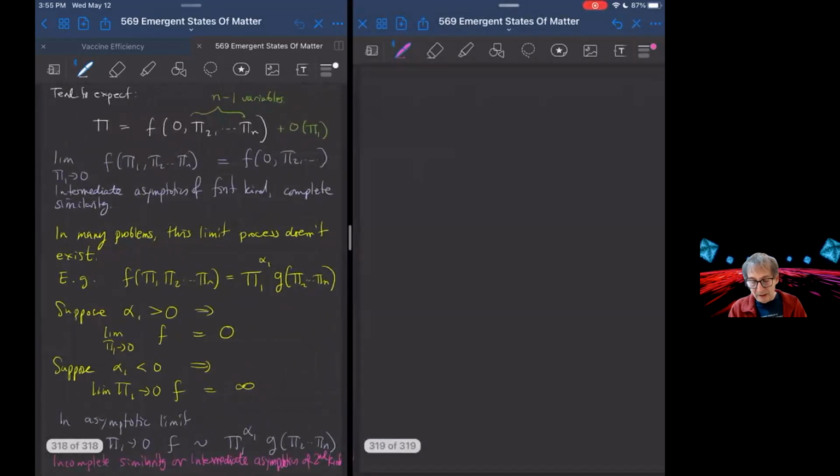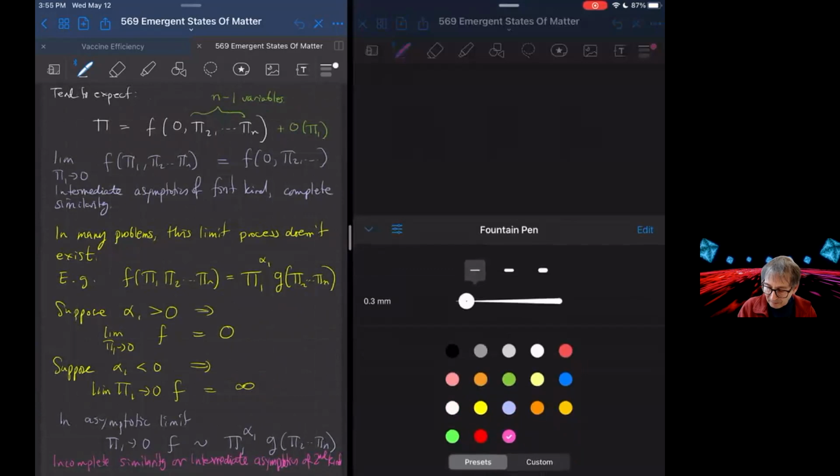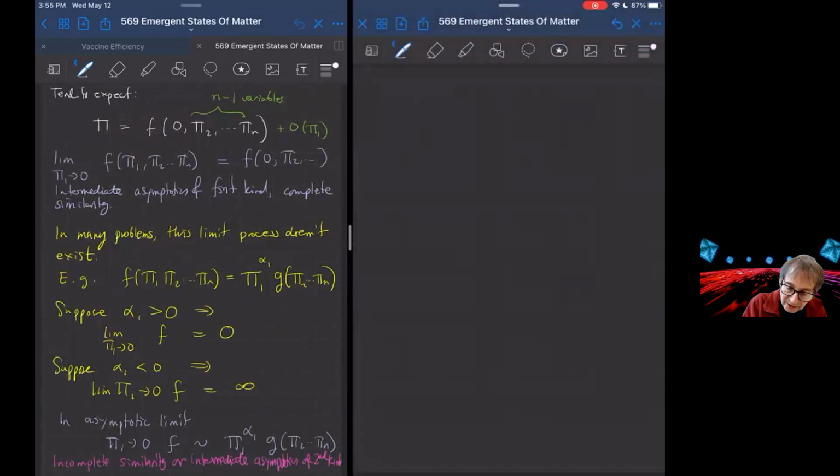So you might say, well, that's all well and good, but why do we care about problems like that? Well, this class of problems includes second order phase transitions.